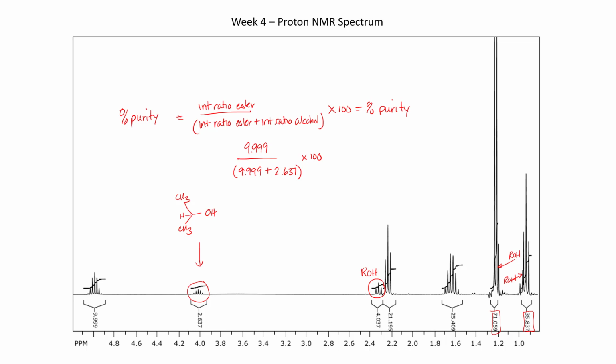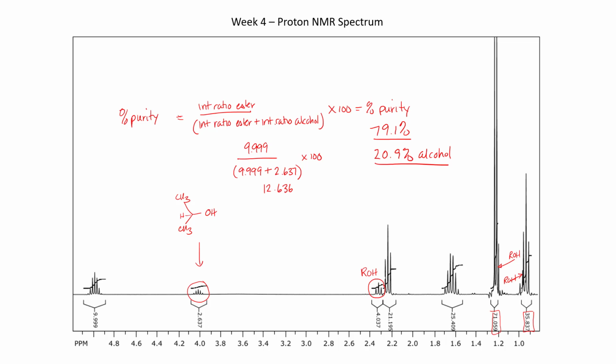So if I pull out my calculator, on the denominator, we've got a grand total of 12.636, so 9.999 divided by 12.636, times 100, is going to equal 79.1% pure, which means it had 20.9% alcohol in it.